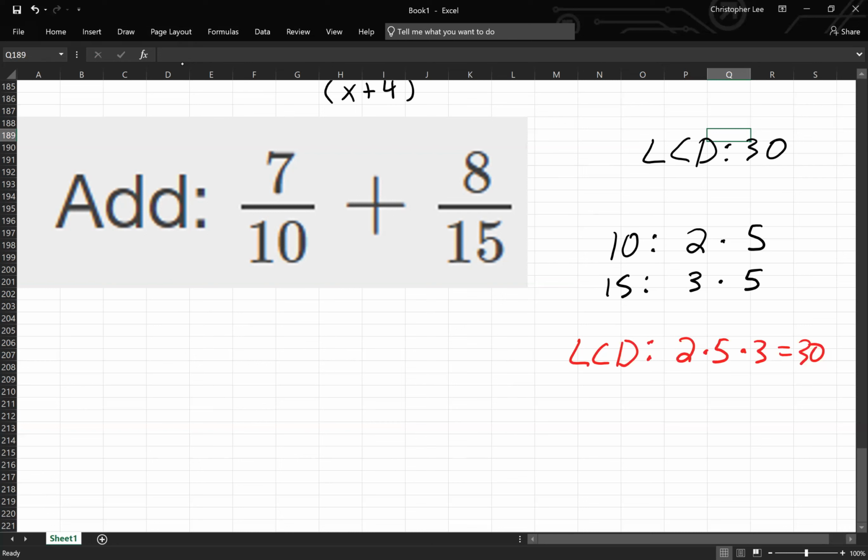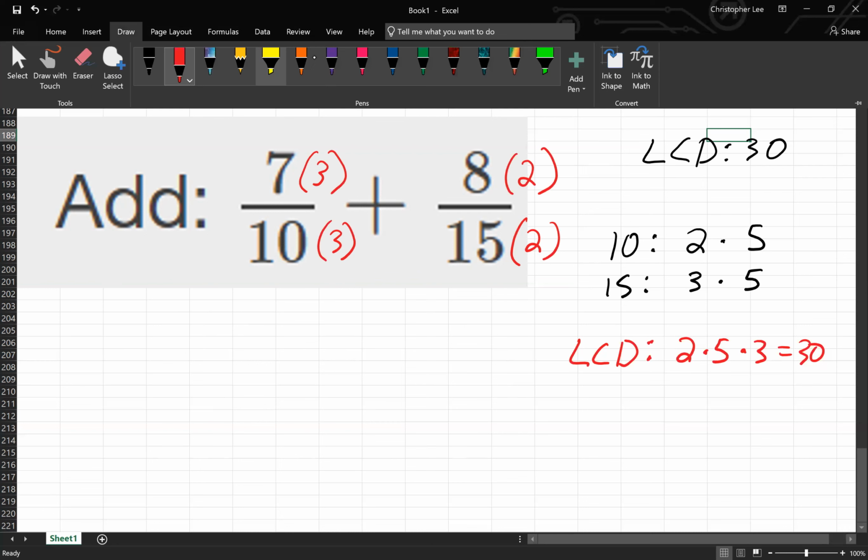So anyway, if the LCD is 30, how do I change a 10 into 30? Multiply by 3, right? So I'll multiply this by 3, but what I do to the bottom, I gotta do to the top. How about 15? How do I change a 15 into 30? Multiply this by 2, but what I do to the bottom, I gotta do to the top. So what do I have now?